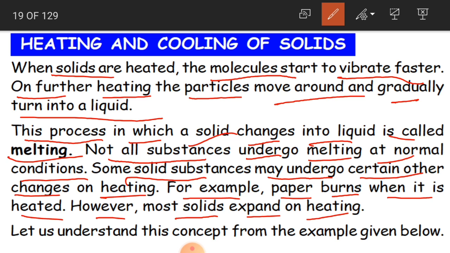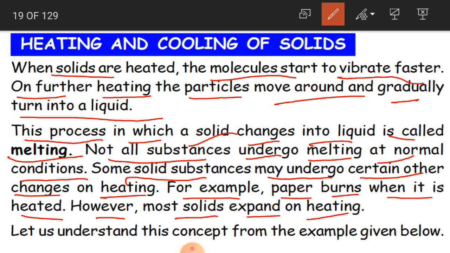We have learned that all substances on Earth and in the universe are matter, but when you heat a solid substance, not all substances are going to melt. They do not undergo melting at normal conditions.